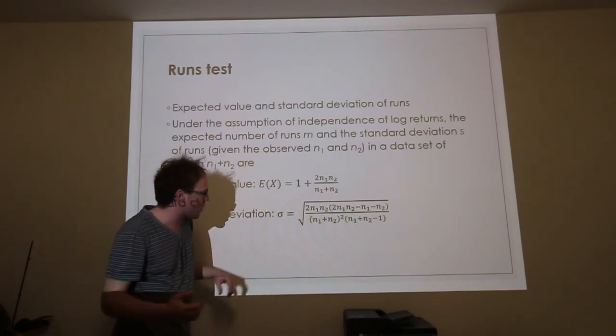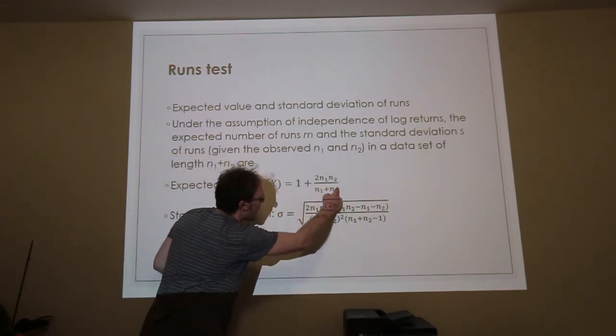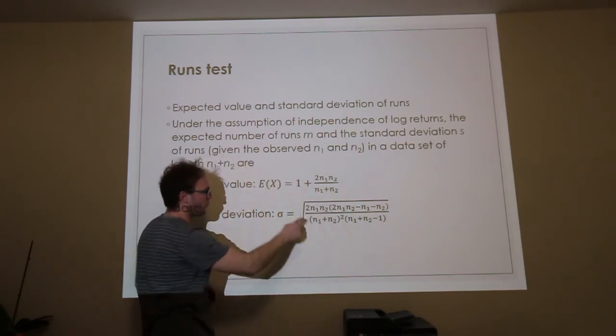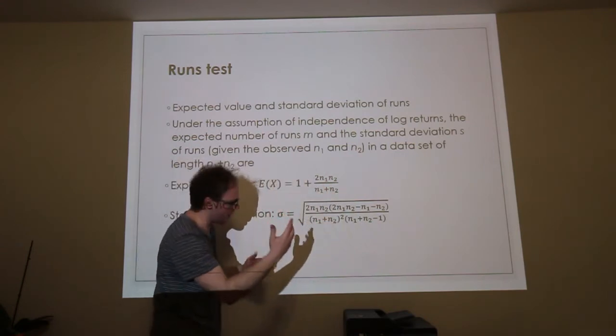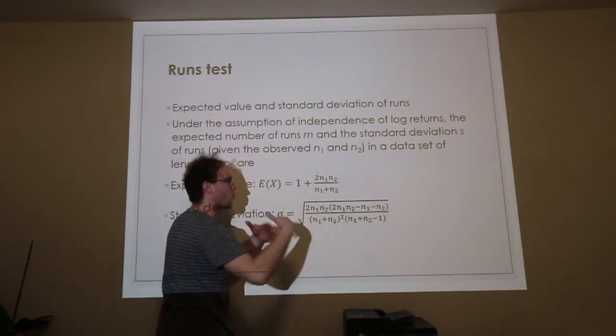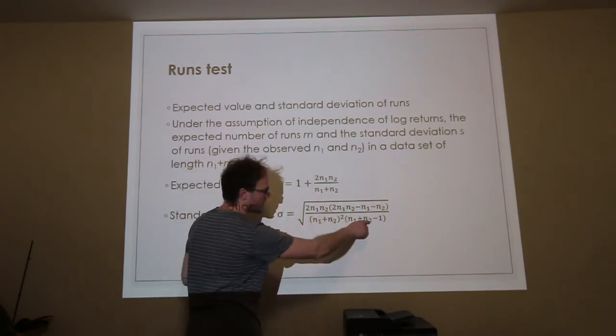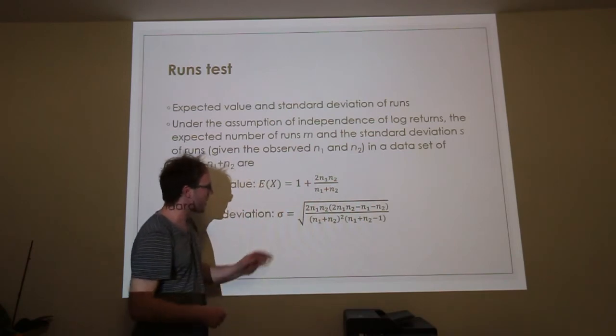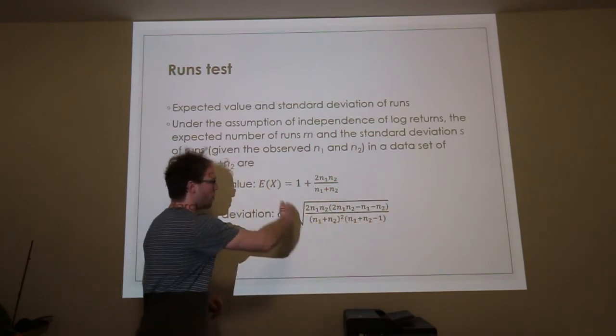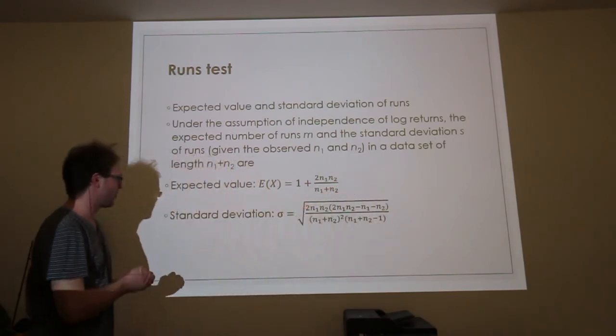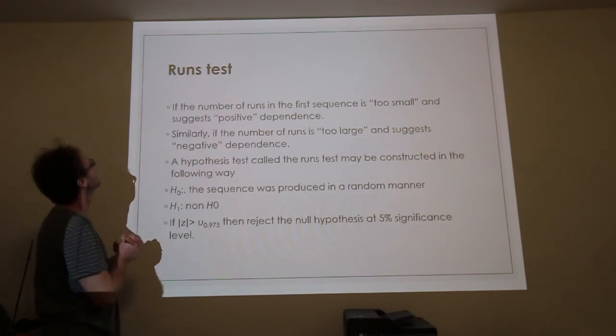And in the denominator there is this part from the previous formula in squares, n1 plus n2 squared times n1 plus n2 minus 1, and this all is below the square root.